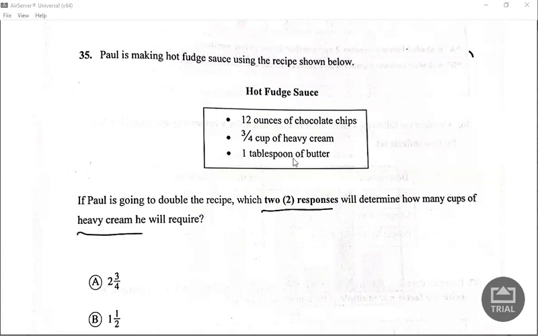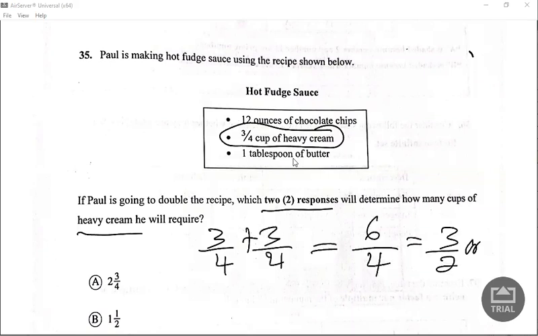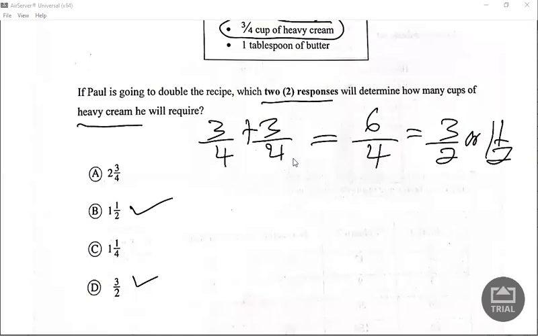We can double 3/4 by adding 3/4 and 3/4. Same denominator, and we add the top. This works out to 6 over 4, which is 3 over 2 or 1.5. So we are looking for 1.5, 3 over 2, and that will be double.